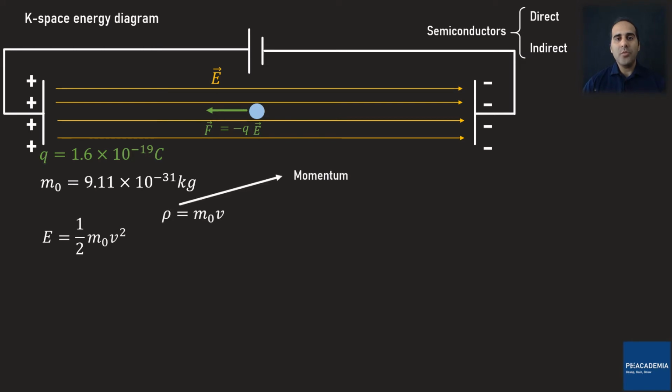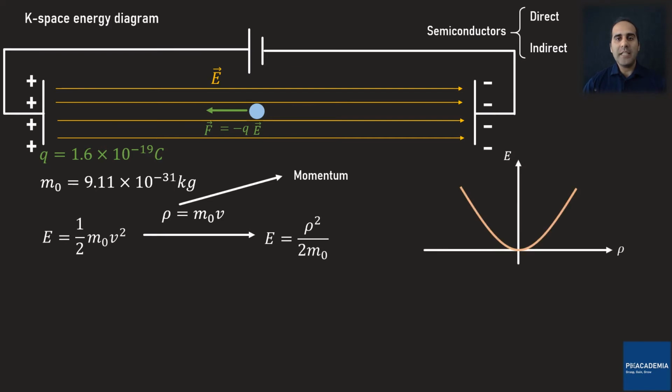Since momentum equals mass times velocity, the kinetic energy of the electron under discussion can be rewritten as momentum squared divided by 2 times the mass. If I plot the energy versus momentum using this equation, what we can see is an upward parabola.